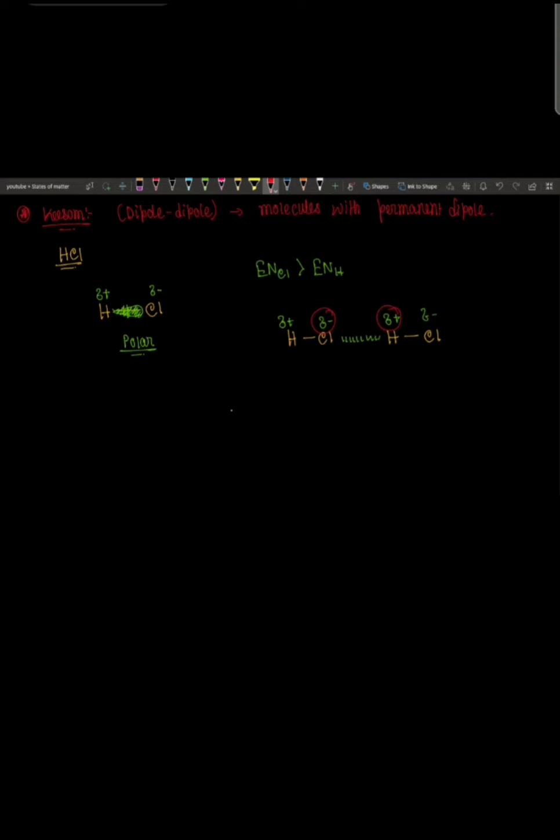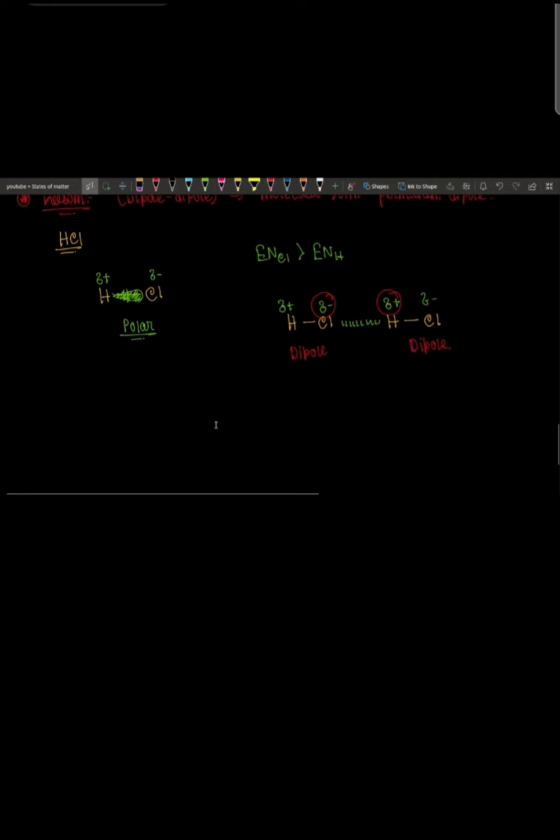We are going to call it the dipole-dipole interaction, because this is a dipole and this is another dipole. Understood? So in HCl we can see that, in NH3 also we can see that, in H2O also we can see that.